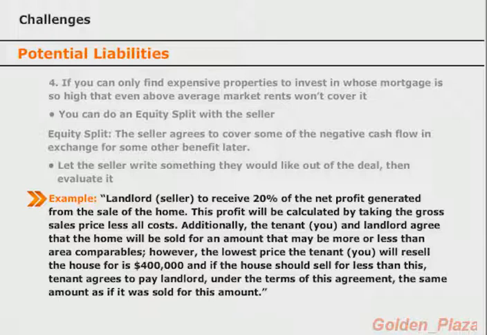However, the lowest price the tenant or investor will resell the house for is whatever price. For the example, let's say $400,000. And if the house should sell for less than this, the tenant agrees to pay landlord, under the terms of this agreement, the same amount as if it was sold for this amount.